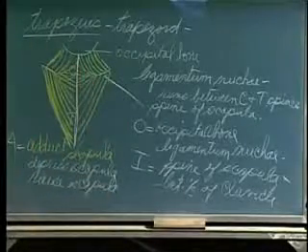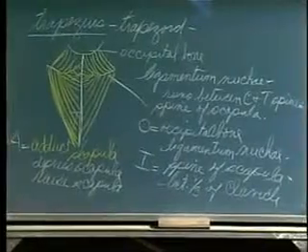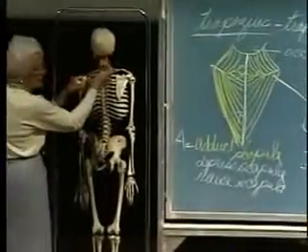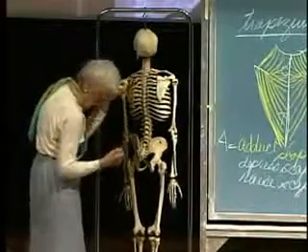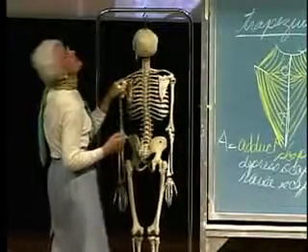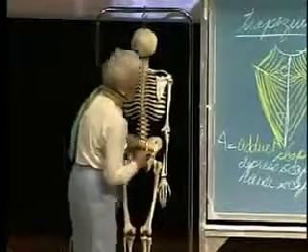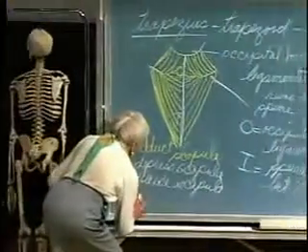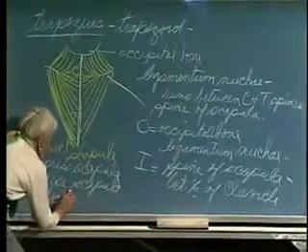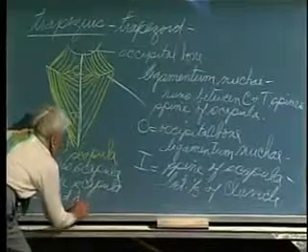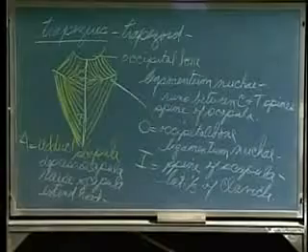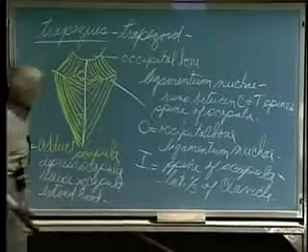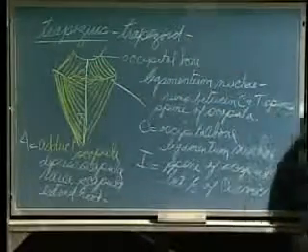What can it do to the head if these contract? They're going to extend the head. Because flex goes this way, extend goes this way. So they're going to extend the head. I want you to learn to work these out. Then you don't memorize charts, and then you have tools to work with wherever you are.